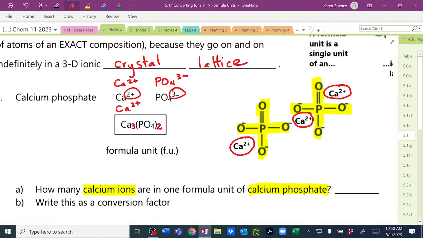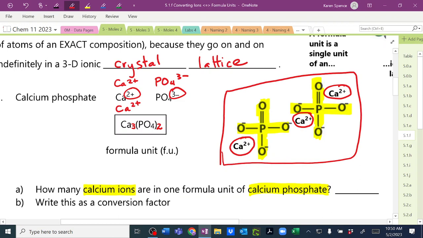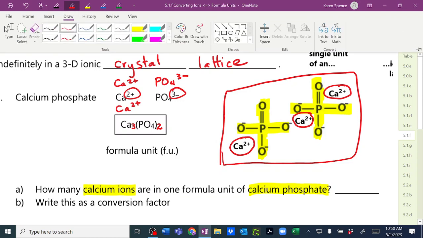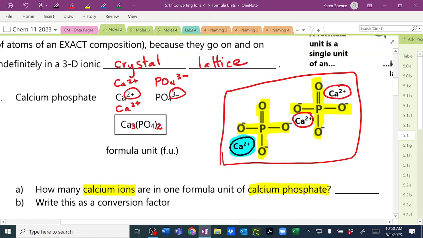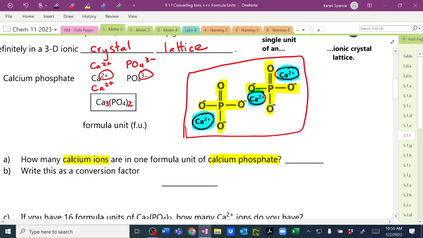And this is a formula unit of calcium phosphate. How many calcium ions? How many? It's not hard. Everybody, how many? 3, right? We have 1, 2, 3 calcium ions.